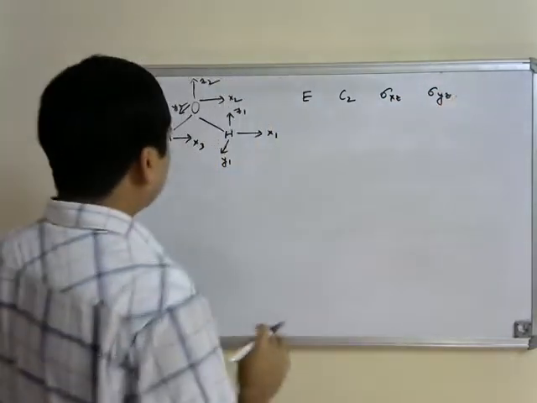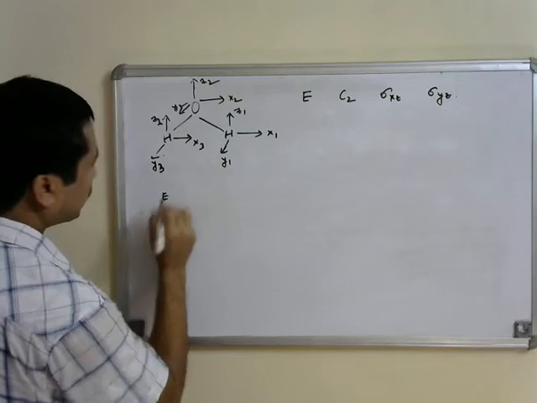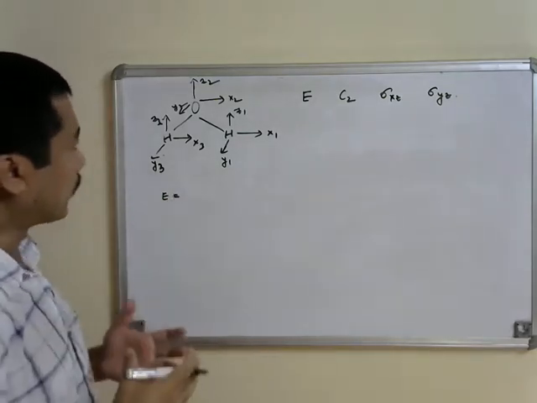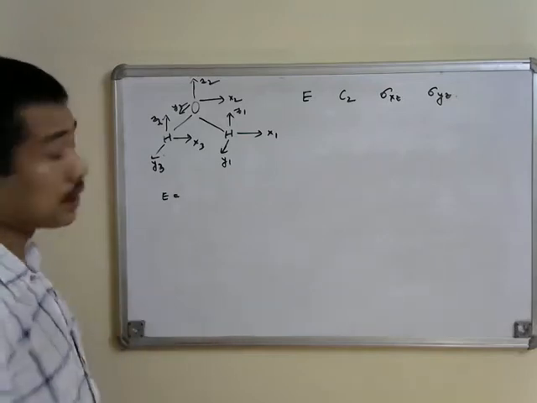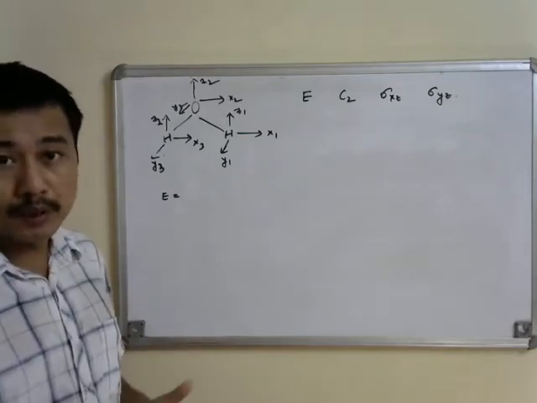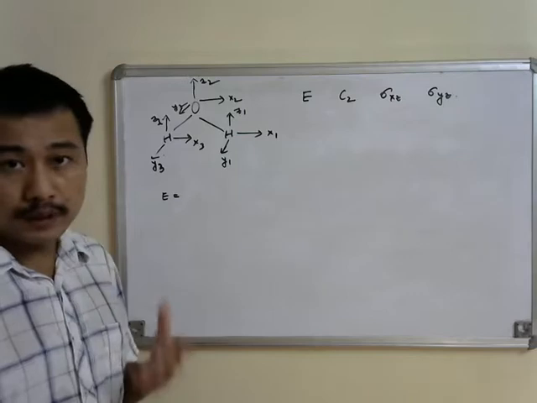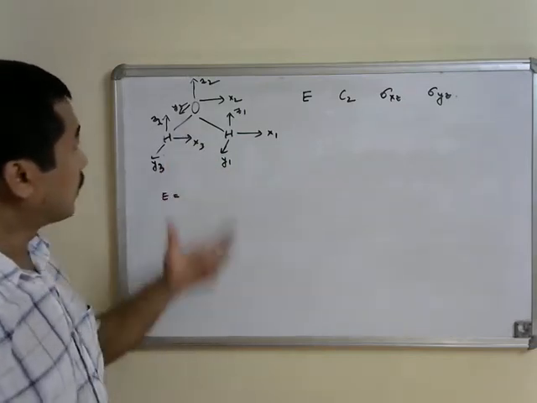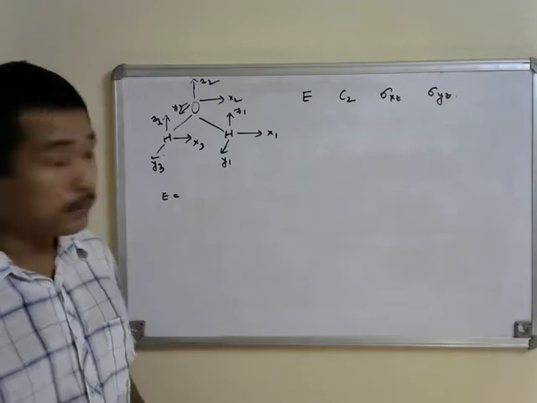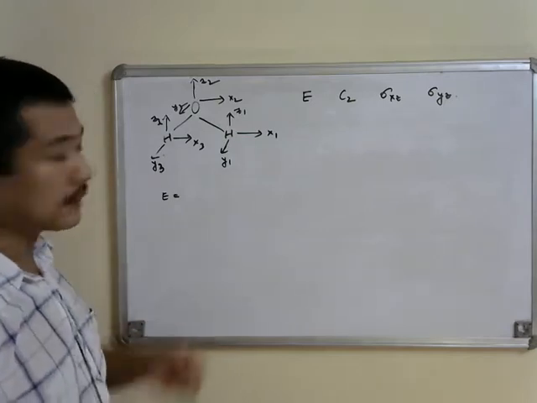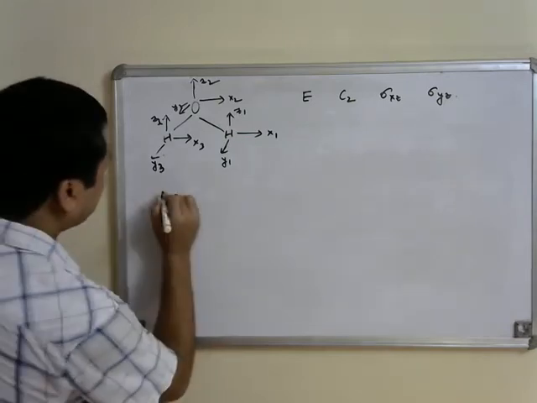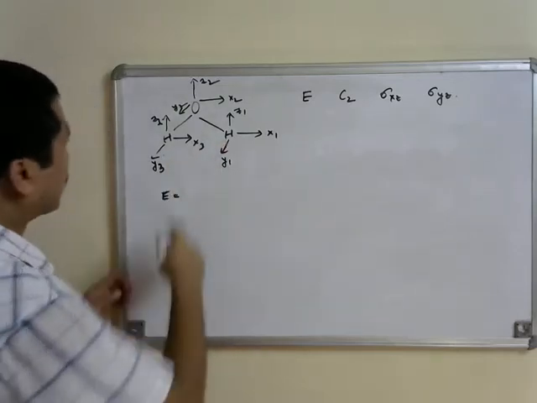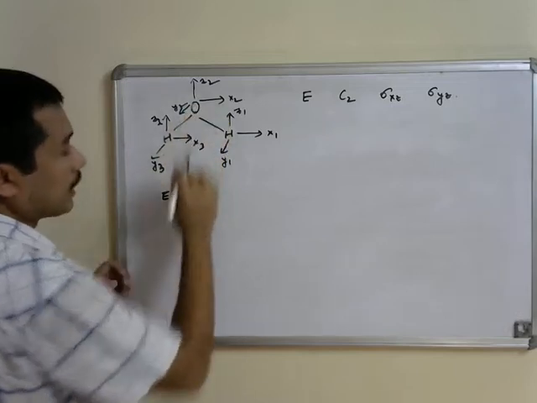So when we write the matrix representation for the identity operation now, you see that the matrix is going to be of dimension 9. So what we have to write is a unit matrix of 9 dimensions, as there are 9 total displacement vectors in this case, because that is what we have taken as the basis.